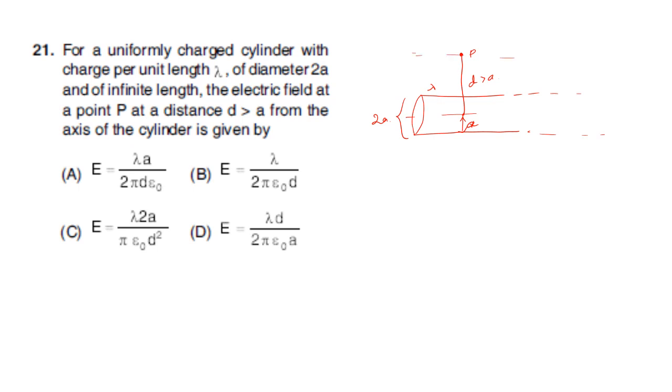If you consider a Gaussian surface in the shape of a cylinder with radius d, according to Gauss law, surface integral E ds is equal to charge enclosed divided by epsilon naught. Here E integral ds means the surface area of the cylinder, which will be 2 pi d into L, 2 pi dL.